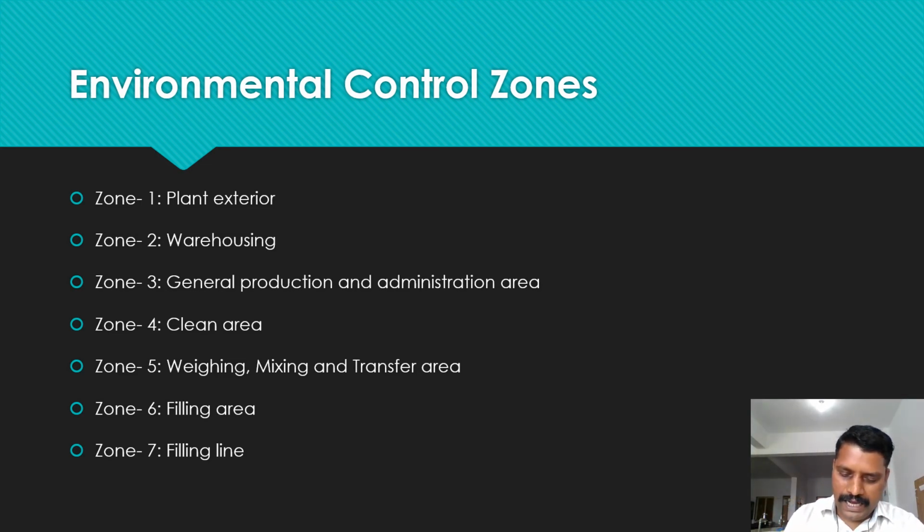Air handling systems are equipped with HEPA filters capable of removing 99.97% of all particles of 0.3 micrometer size, hence the name high efficiency particulate air filter.